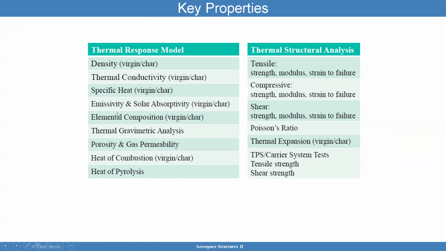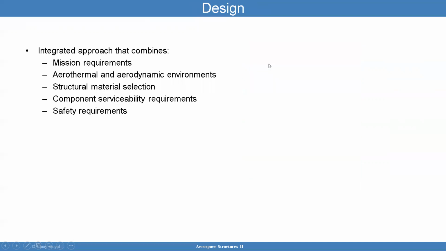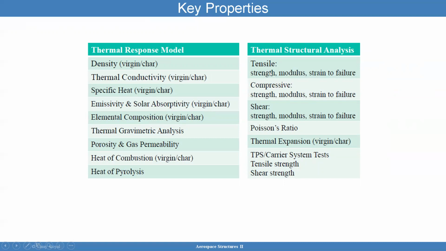From the thermal structure analysis standpoint, we're looking at strength, modulus, strain to failure, both at tensile and compressive loading, shear, Poisson ratio, and TPS. So you have to do a tremendous battery of tests to fully formulate the properties you will need for the modeling of these kinds of structures. And that takes a lot of work.